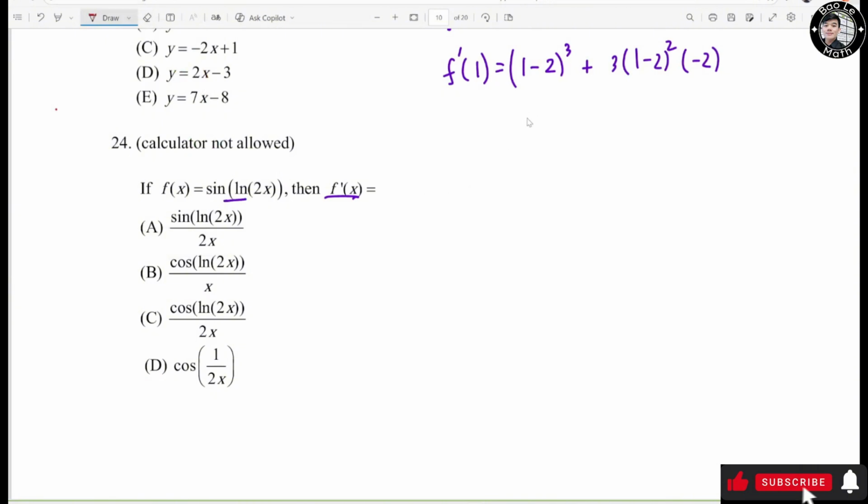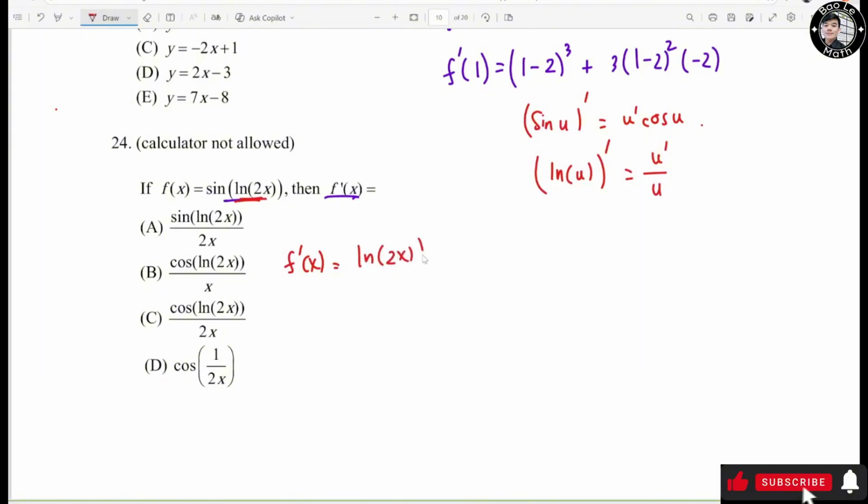So we need to apply the formula: the derivative of sine u is u prime cosine u. And the derivative of ln of u is u prime over u. So f prime of s equals, this one is u, so it could be ln of 2s prime cosine of ln of 2s.